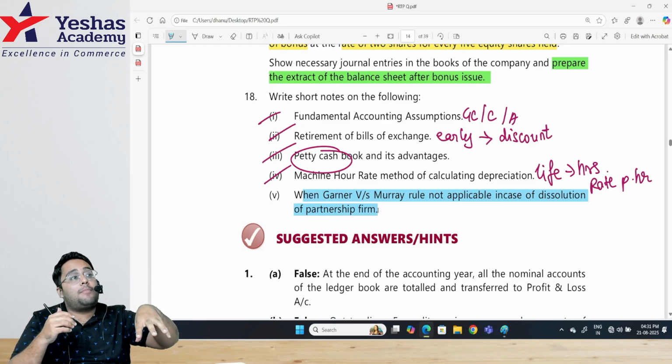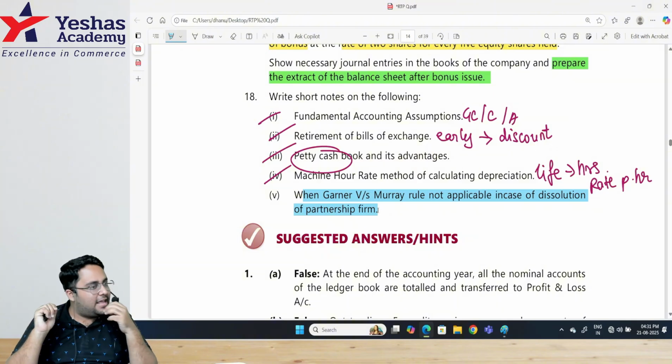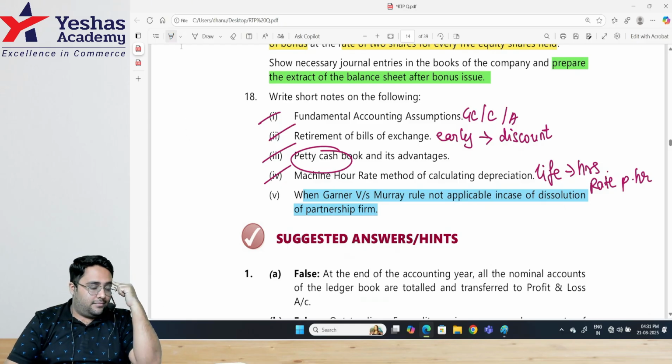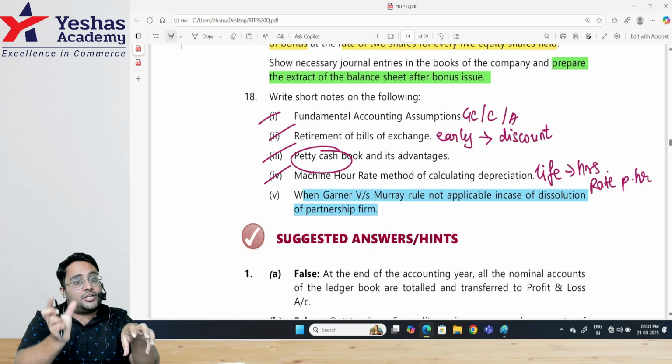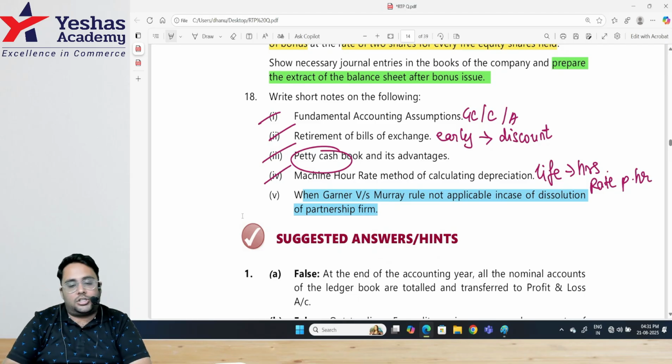If there is an agreement between partners, then you don't follow Garner versus Murray. You follow whatever is agreed. Or one more case is when a partner has debit balance in capital. Solvent partners will share the deficiency in their capital ratio, but a partner having debit balance will not share it.